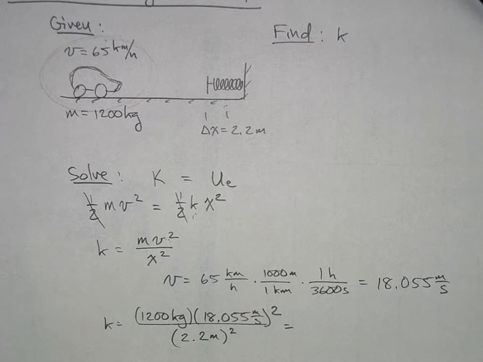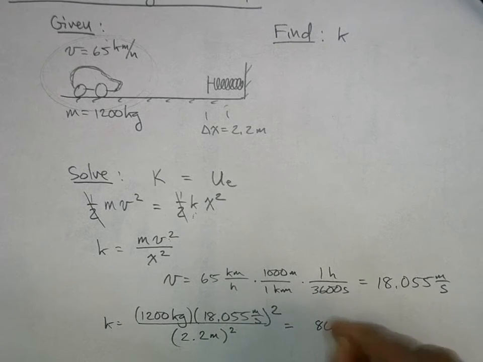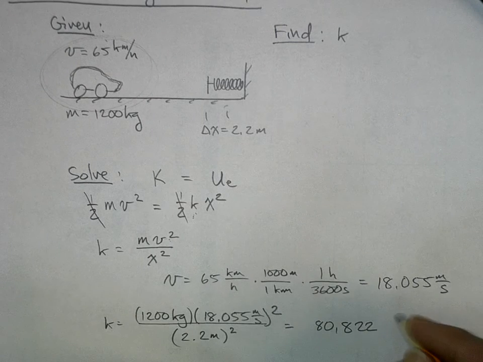So 1,200 times 18.055 squared equals, and then divide it by 2.2 squared. And I get 80,822, and I'll stop there.